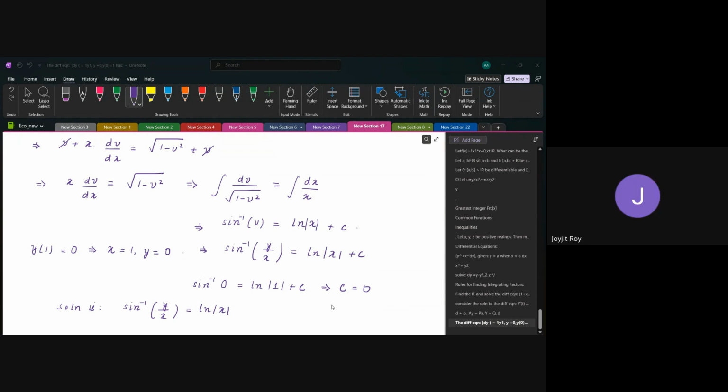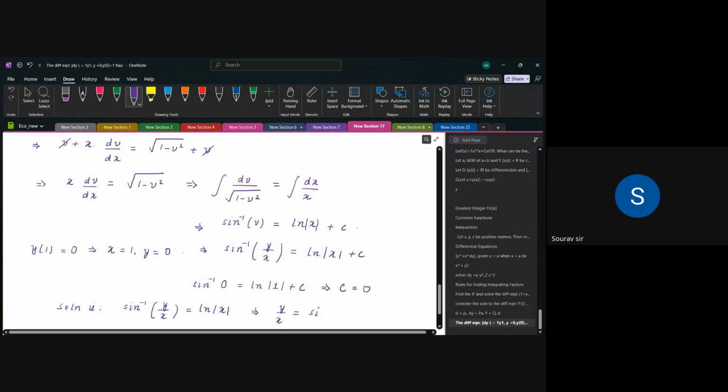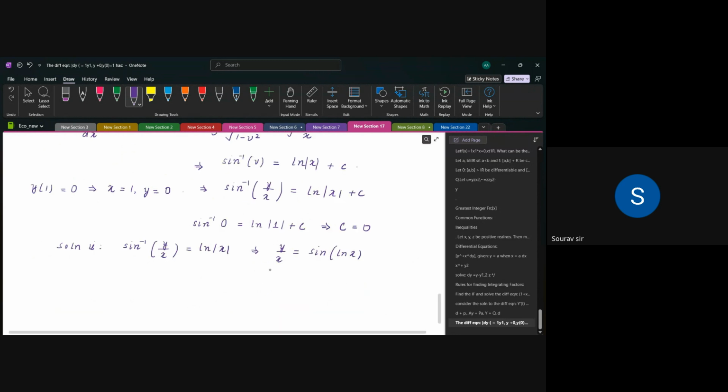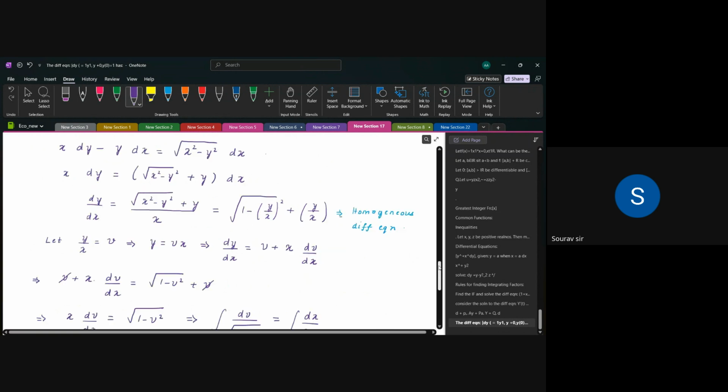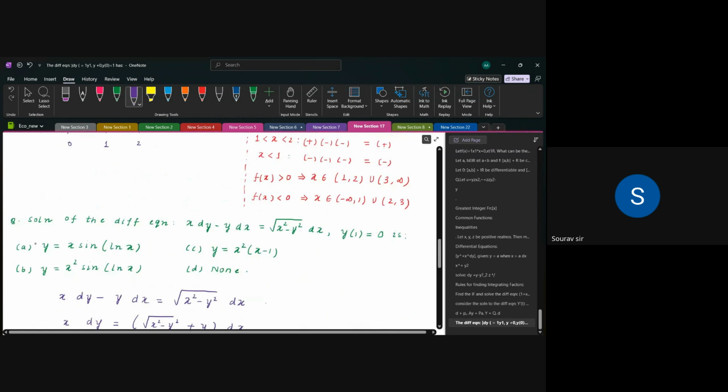Sir, option A. Because if we rewrite it as y by x equals sine of log x, then y will become x into sine of log x, right? This is option A. Okay.